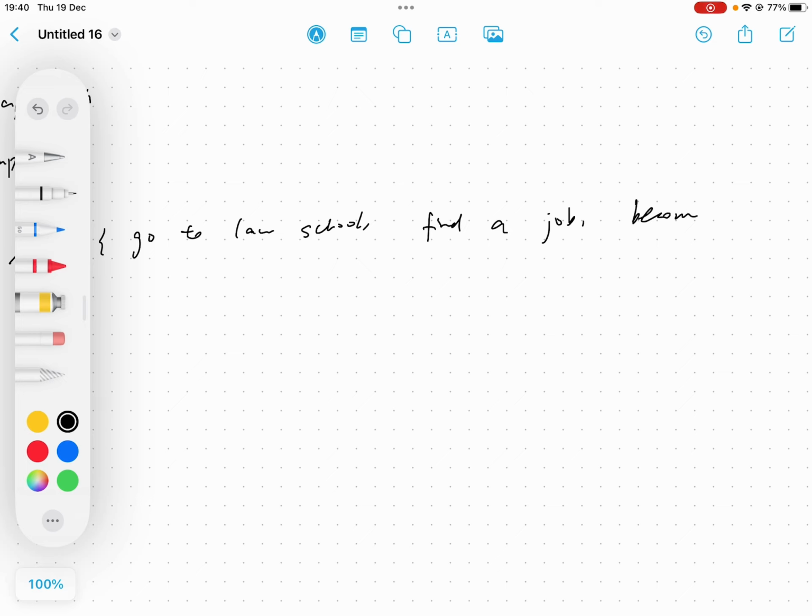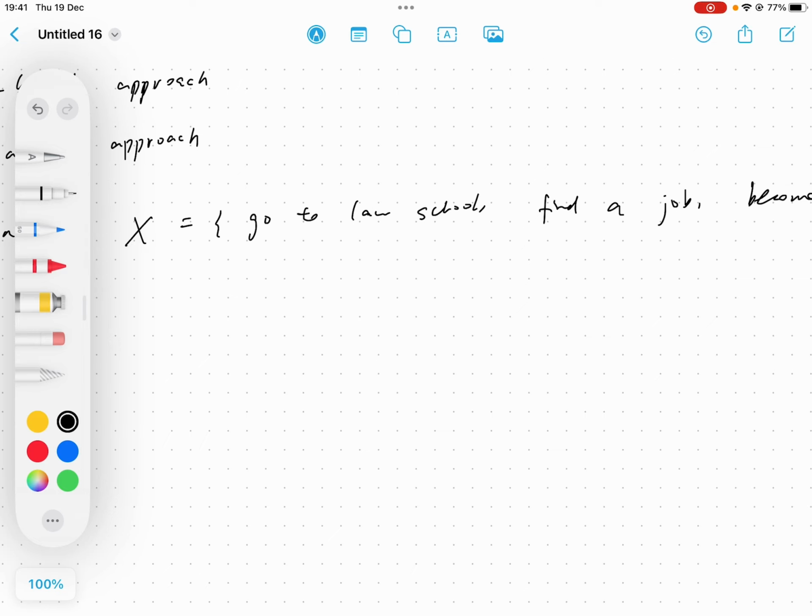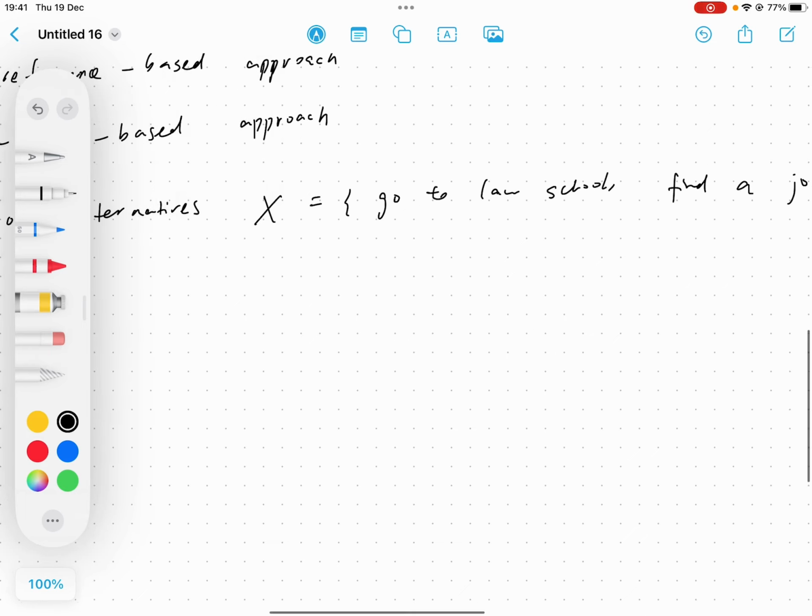Or become a singer, etc. Okay, so those are all the elements that can be contained in this set X. That includes all those possible alternatives that some person or some agent could choose in this problem. Okay, so based on this set X, then we could define either the preference or the choice, or later the utilities, right, to measure how this individual is making this choice. Okay, good.